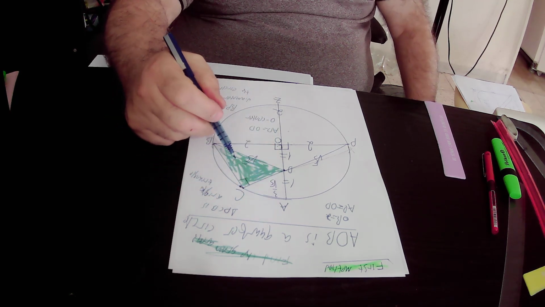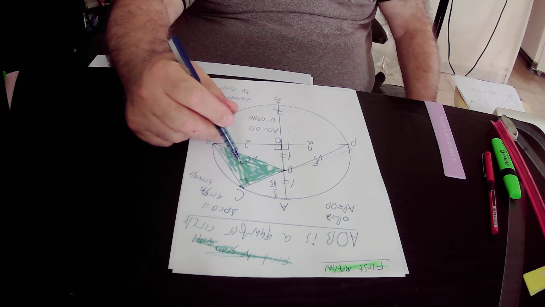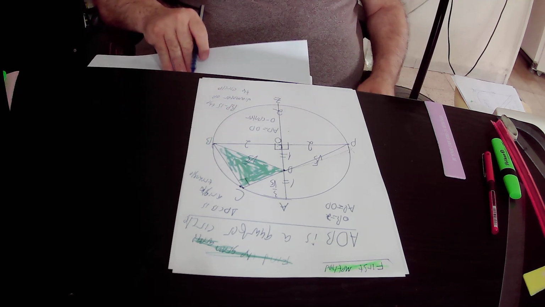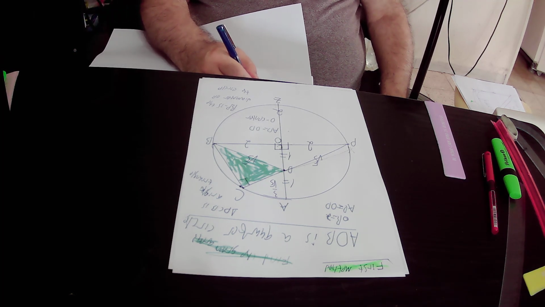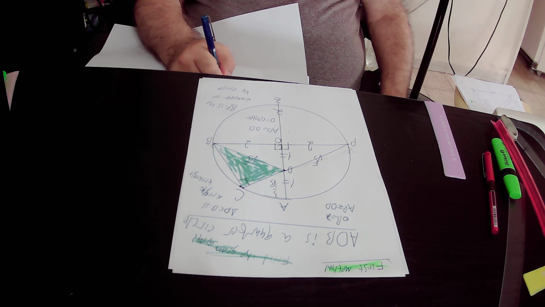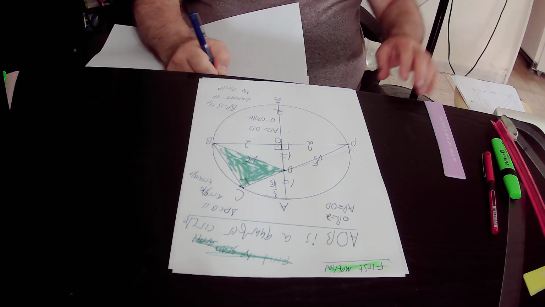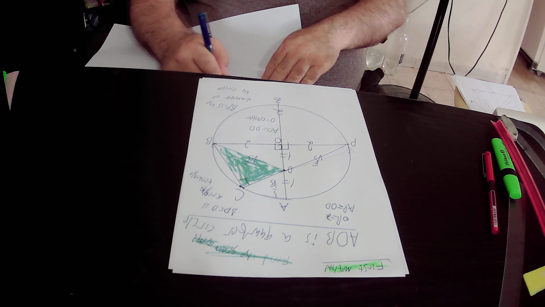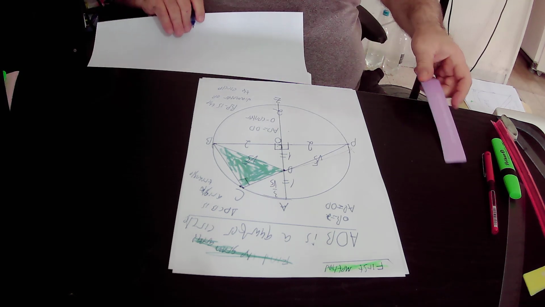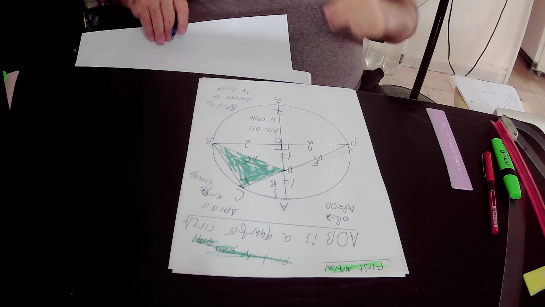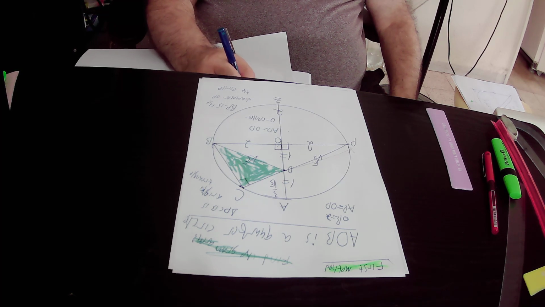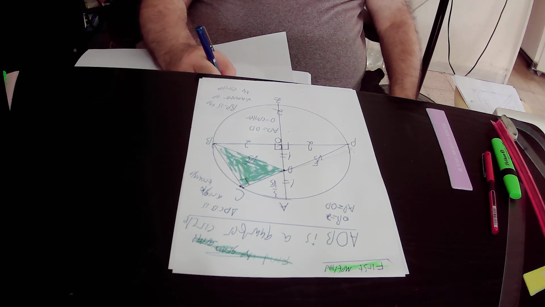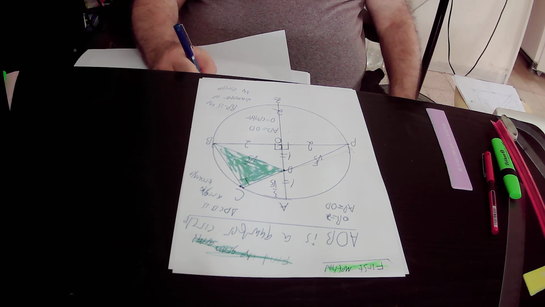In the next step, we will implement the Pythagoras theorem on the right blue triangle, triangle CDB. According to the Pythagoras theorem, the square of the hypotenuse equals the sum of the squares of the other two sides, that is to say DB square equals DC square plus CB square.